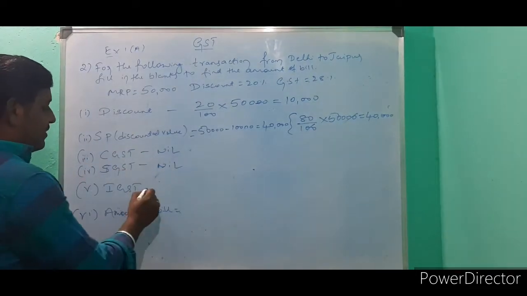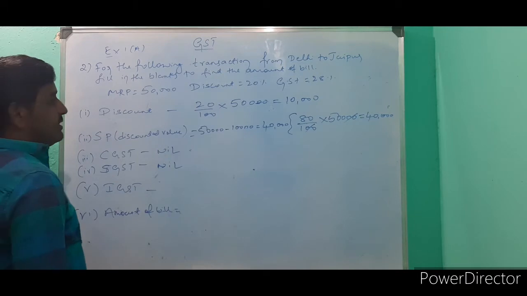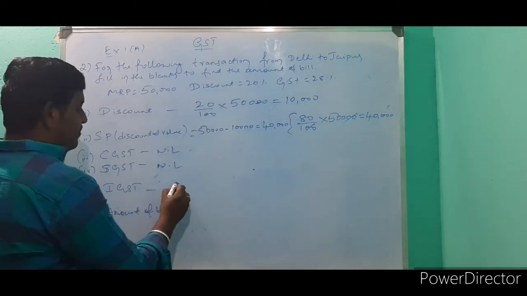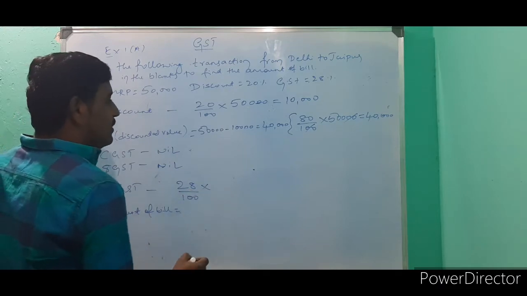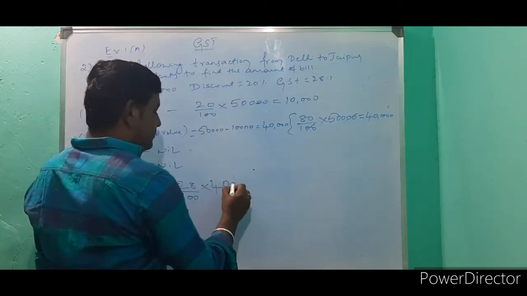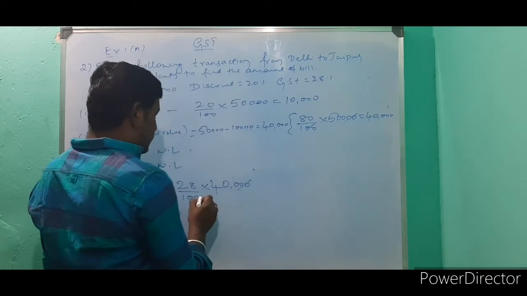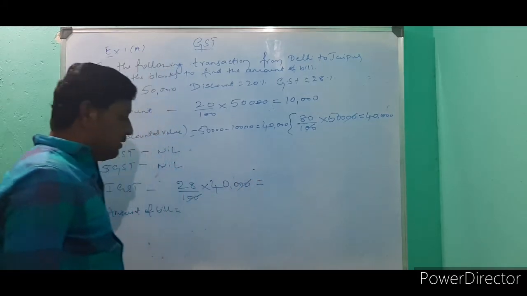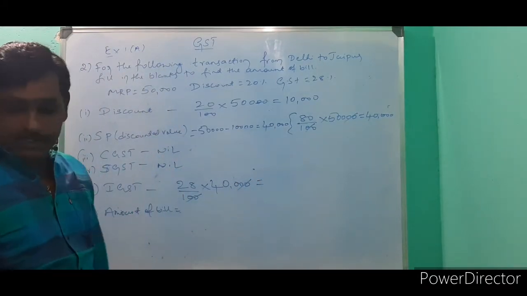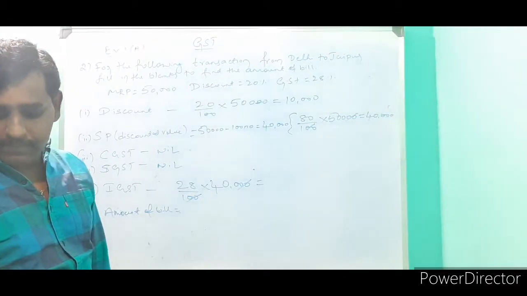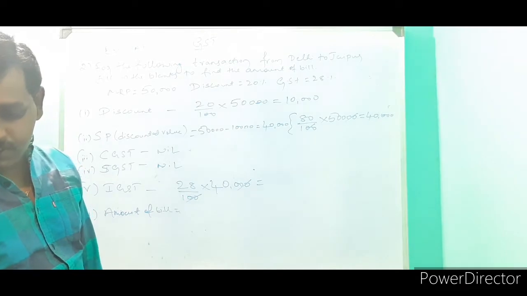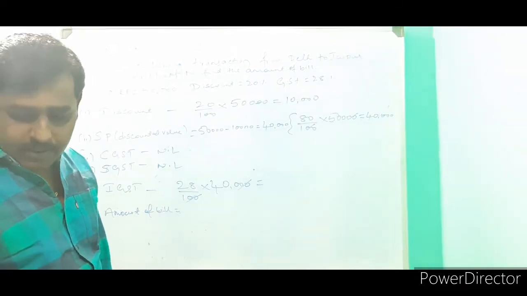CGST and SGST are nil. So IGST, you have to find at 28%. 28 divided by 100 into 40,000. 20 get cancelled. So IGST is 11,200.